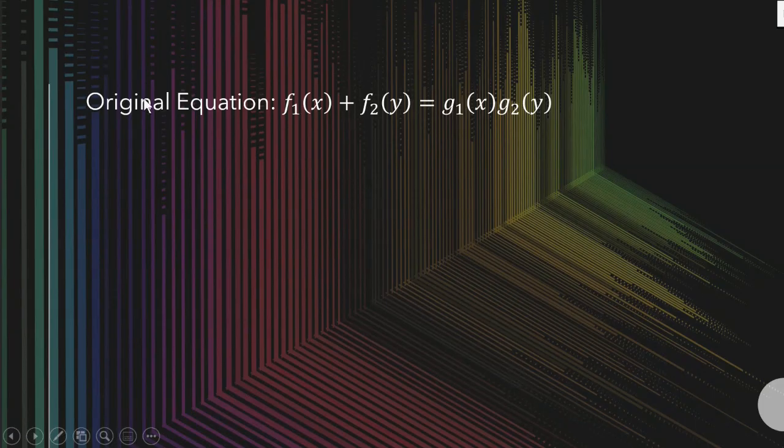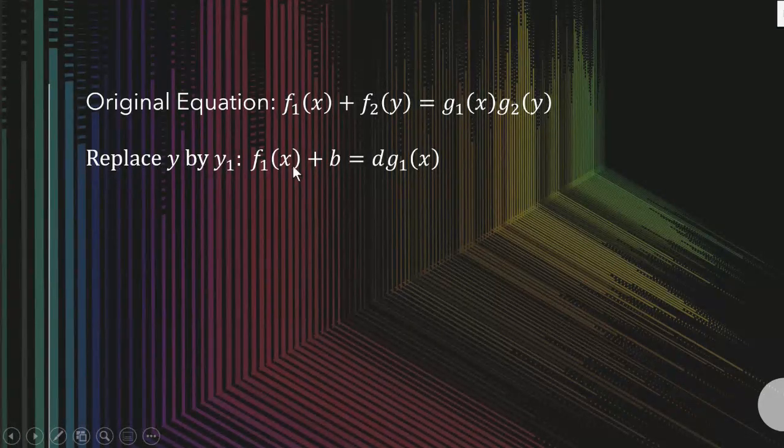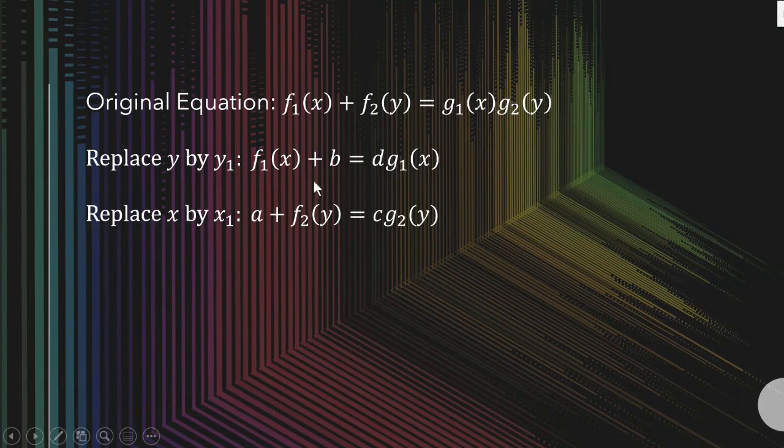Now, let's start again from our original equation. The original equation is this one. And now we're going to replace the y by y1. When we replace the y by y1, we obtain that f sub 1 of x plus b is equal to d times g sub 1 of x. And now let's replace the x by x1 in that original equation again, the one that we have at the beginning of this slide.